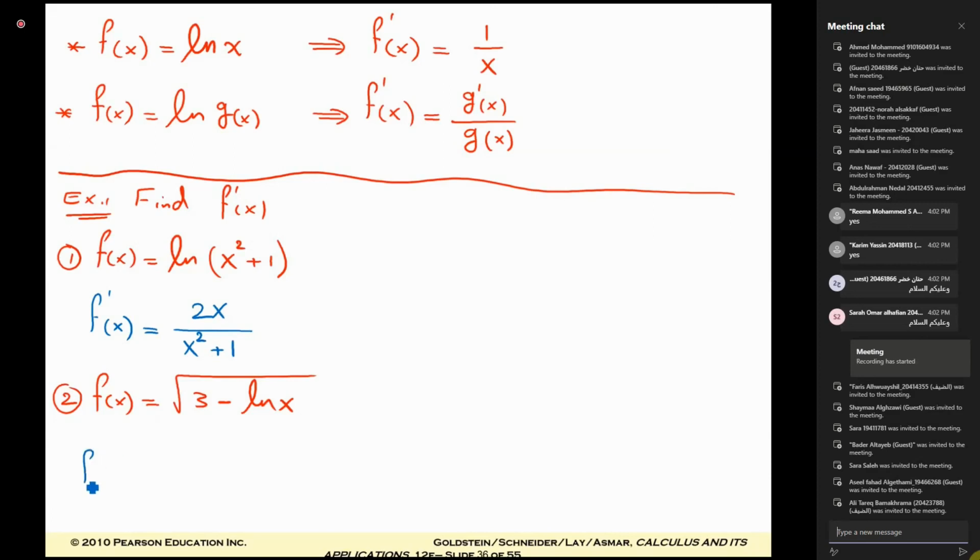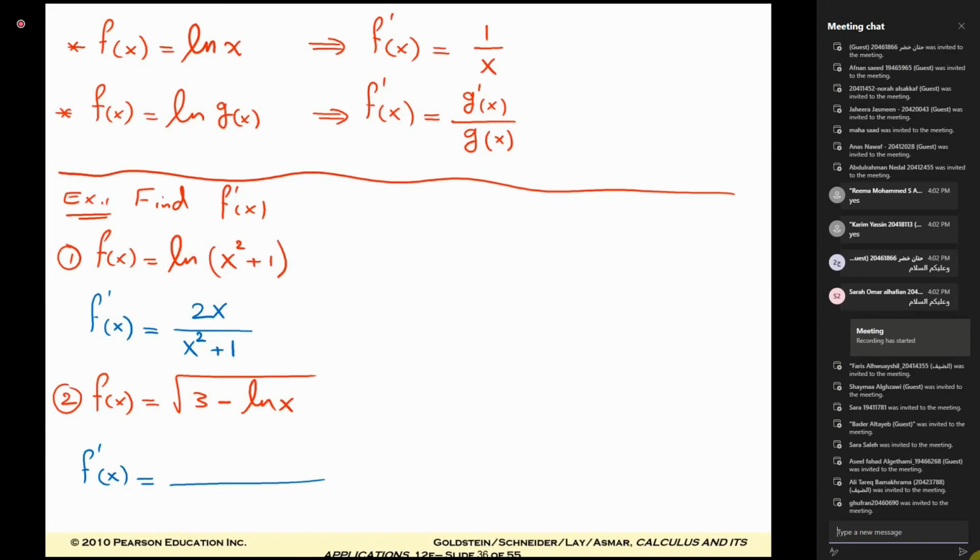Now, if we have ln inside the radical, you can find the derivative using the rules we already studied, the laws in the above slide.